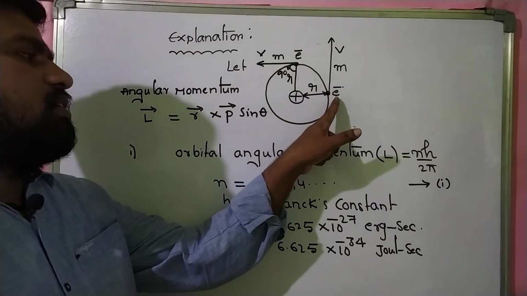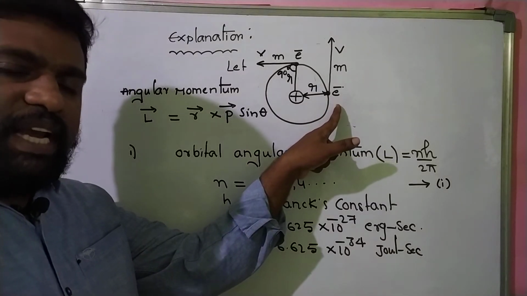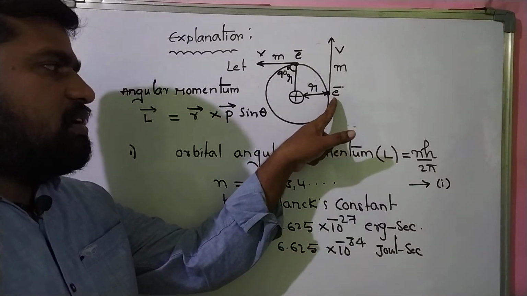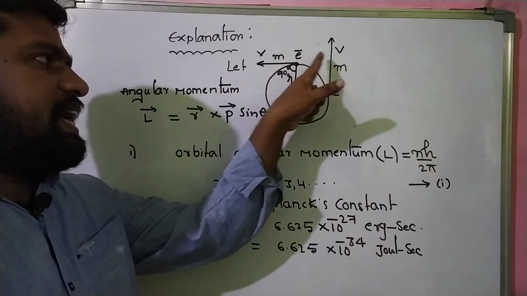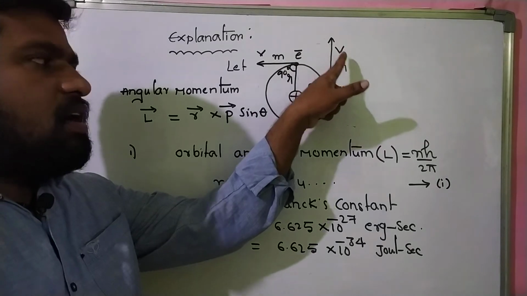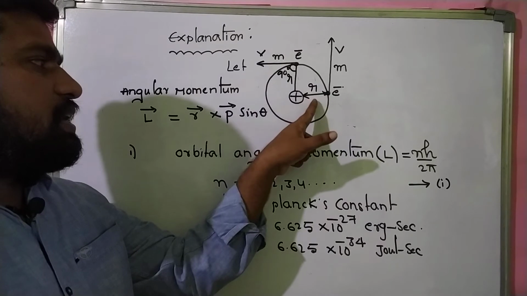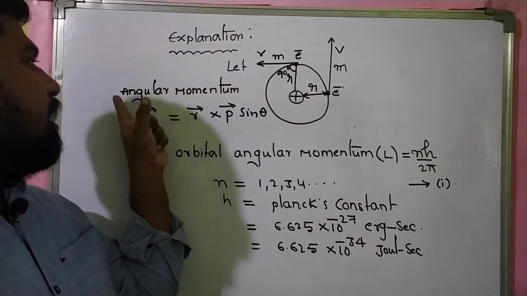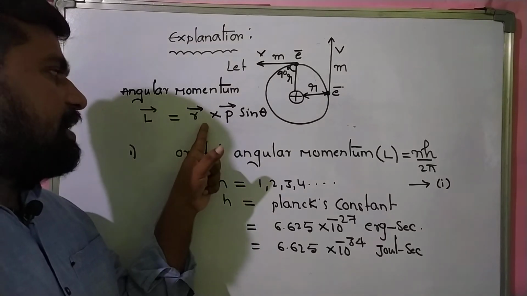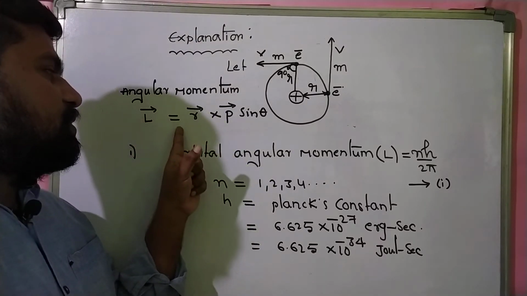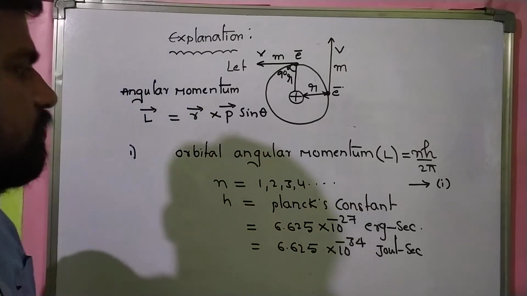This is one electron in a hydrogen atom or hydrogen-like species, meaning a one-electron species. The electron revolves around the nucleus in a circular path with a tangential velocity v, mass m. For the circular motion, the orbital angular momentum of the electron is given like this: L bar equal to R bar into P bar sin theta.